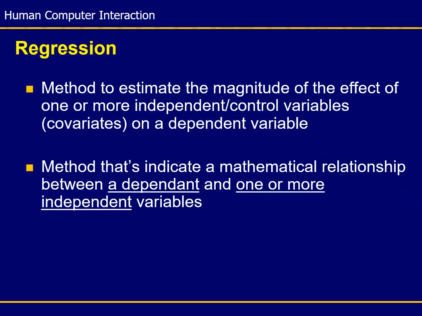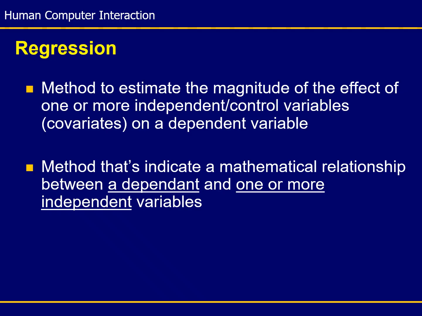So, what is regression? A method to estimate the magnitude of the effect of one or more independent control variables on a dependent variable. Okay. Remember, we're saying here x causing y. And when we go to x related to y, we will see the same thing, by the way. We will see the same regression appearing again. So it's very common to use it, okay? So what is regression mathematically?